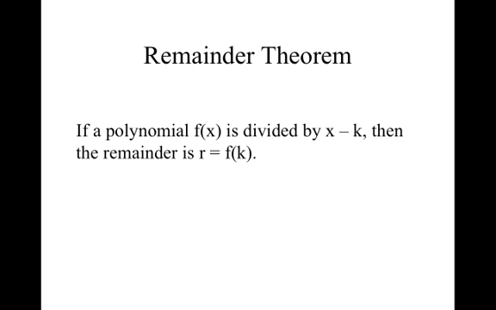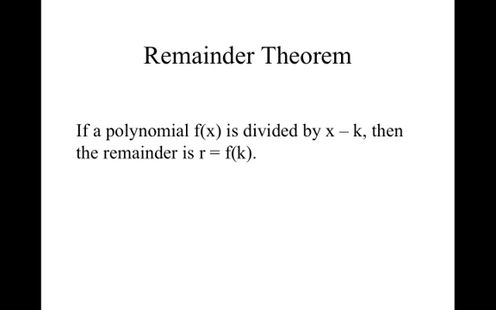On to our theorems that will help us factor. The first one is the remainder theorem. If a polynomial, f of x, is divided by x minus k, so we're talking about a situation where we can use synthetic division because we're dividing by a linear term, then the remainder is r equals f of k.